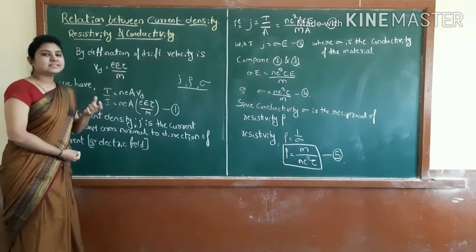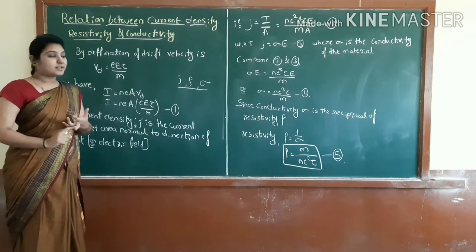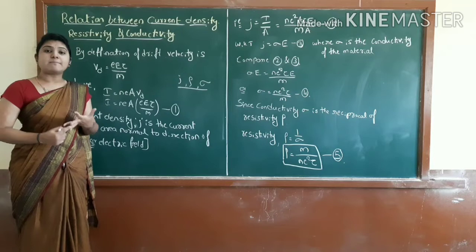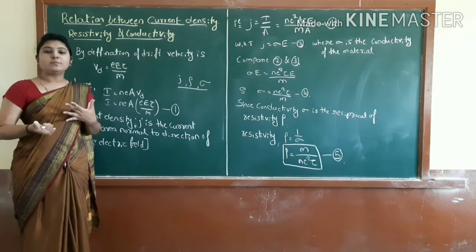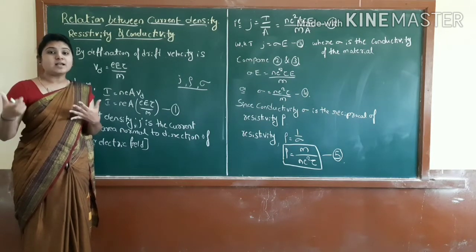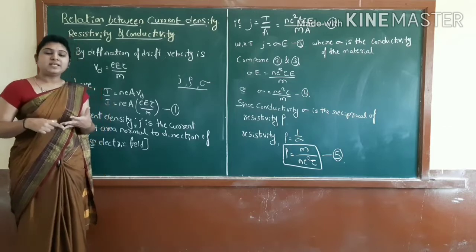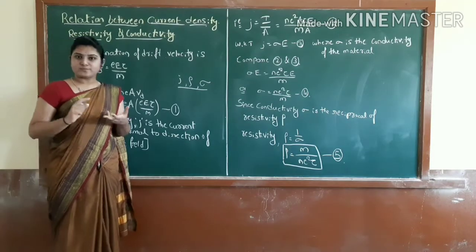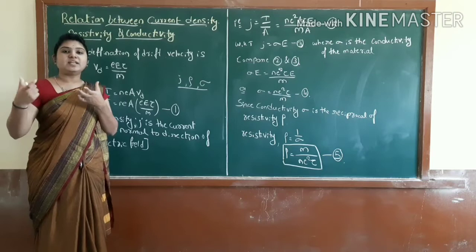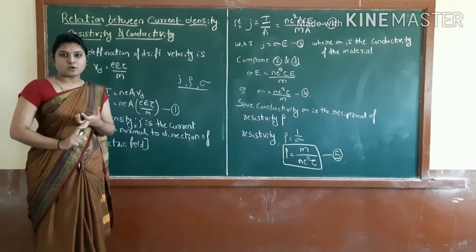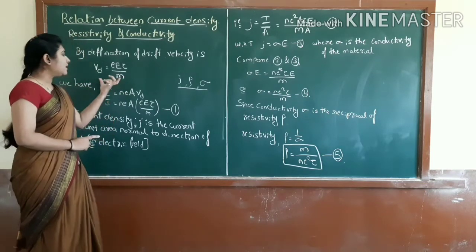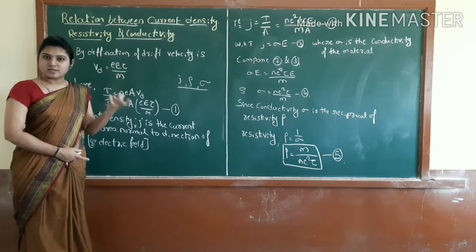So small e means charge of the electron, capital E is the applied electric field, tau means relaxation time for the electrons, m is the mass of the electron, correct? This is the definition of the drift velocity, and also the mathematical equation of that.